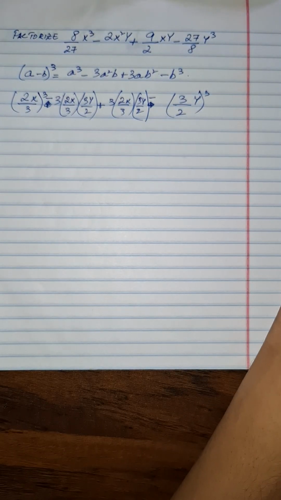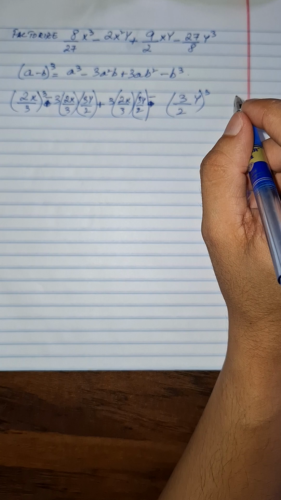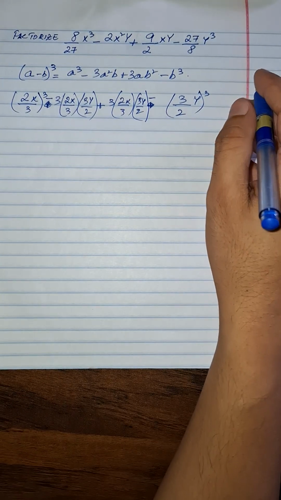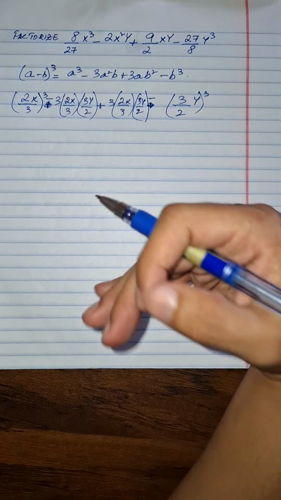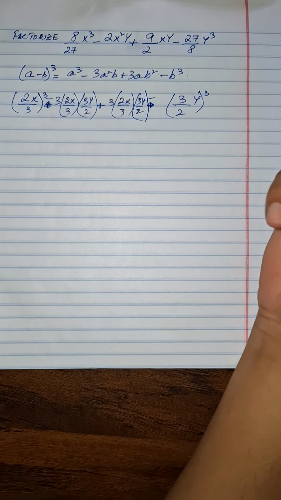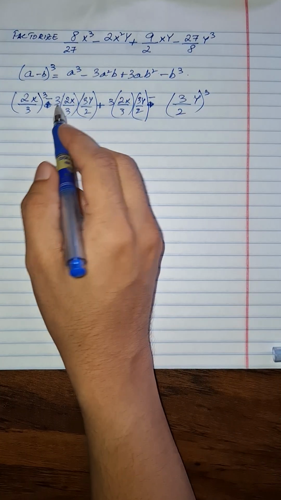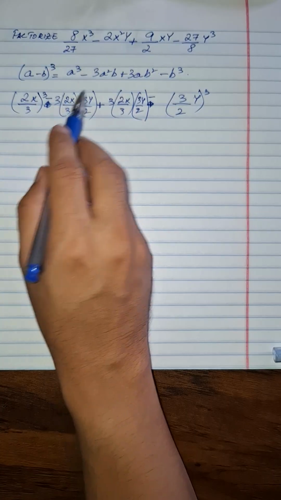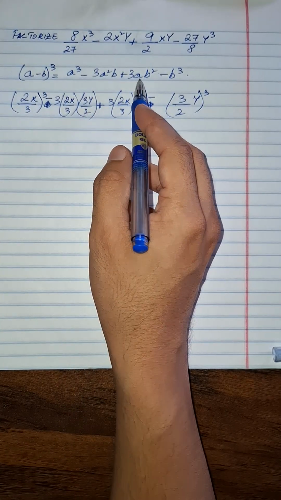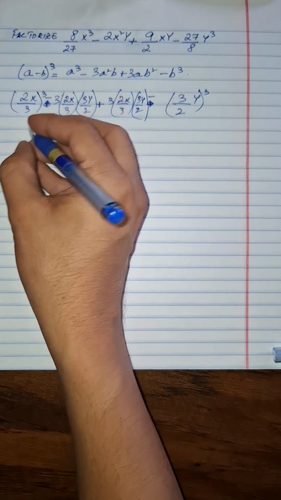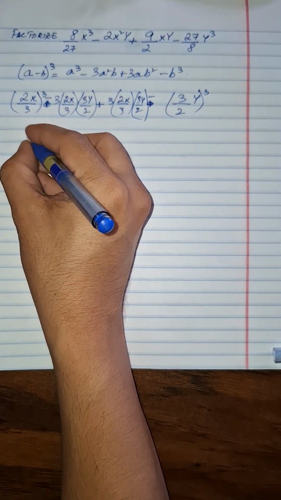I don't edit my videos, so please let it be with the mistakes. I will correct it in the flow, or if you find any mistake you can write it in the comments also, right? So we have the 3a square b and 3ab square terms over here. Now let's solve and see if it matches with our question.